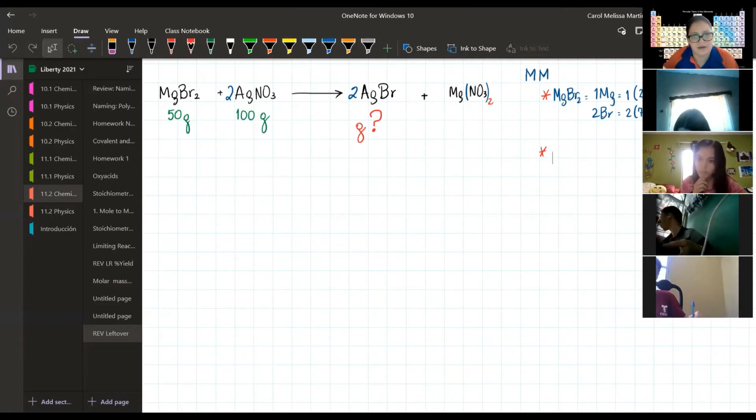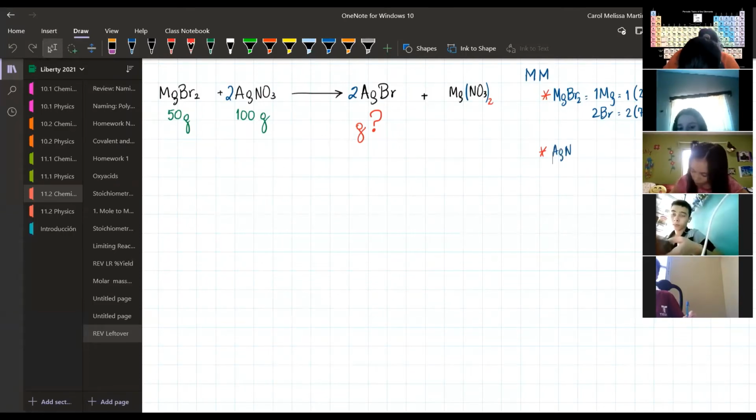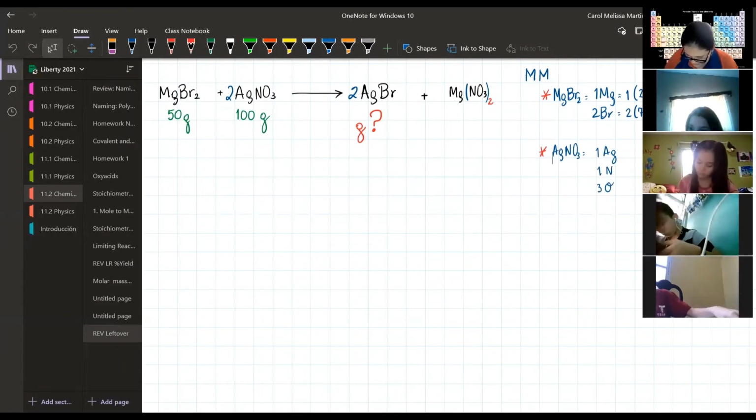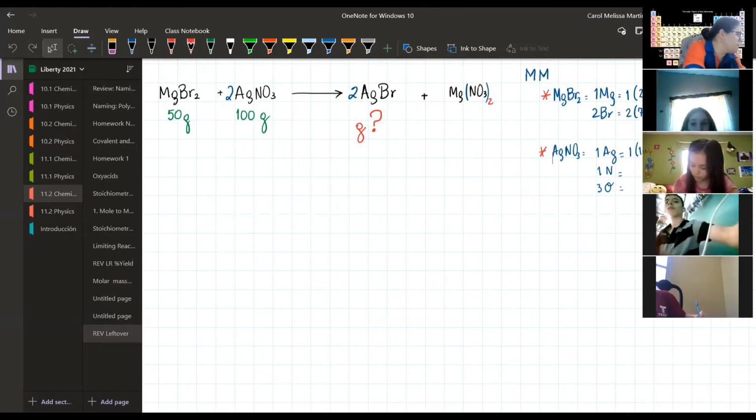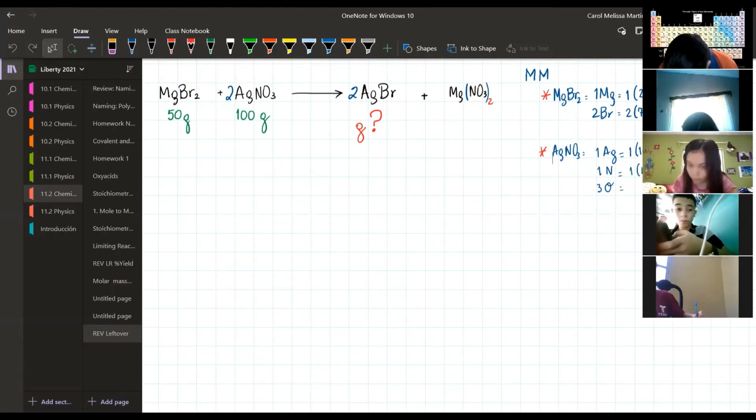Now let's work with the second substance, AgNO3. So this is 1 Ag, 1 N, and 3 O's. The molar mass of silver is 107.87, if I'm not mistaken. Nitrogen is 14.006. And oxygen is 15.999.